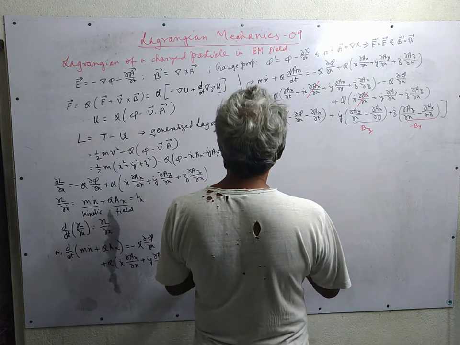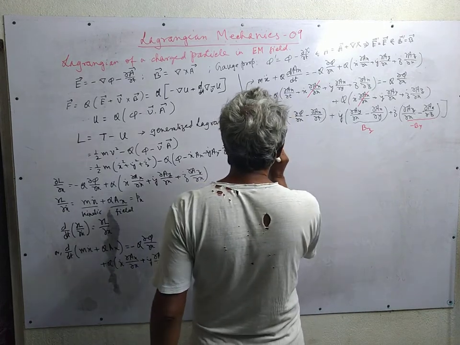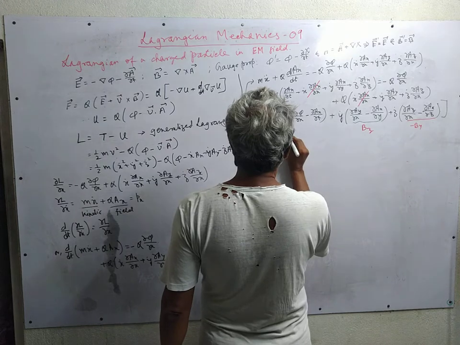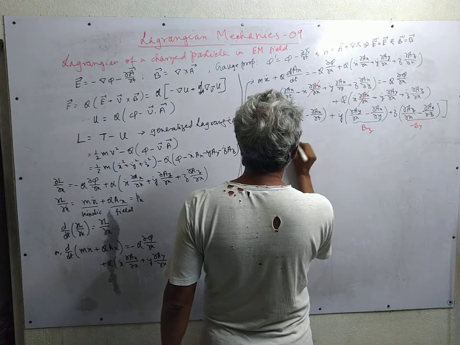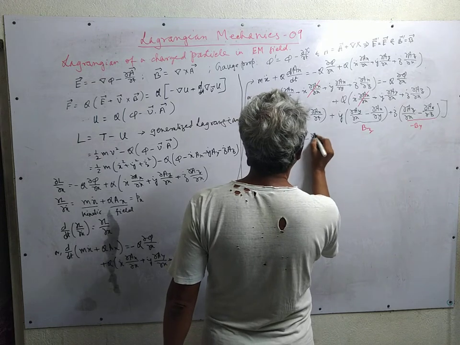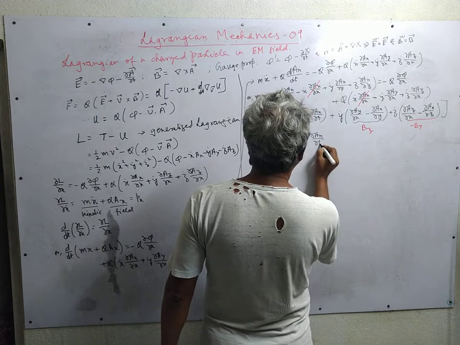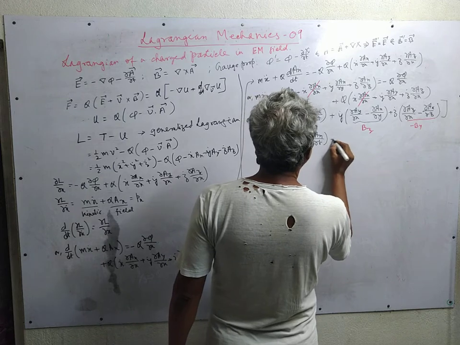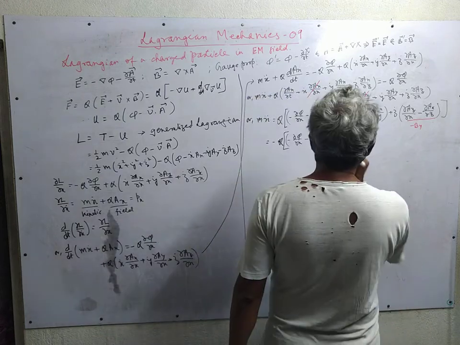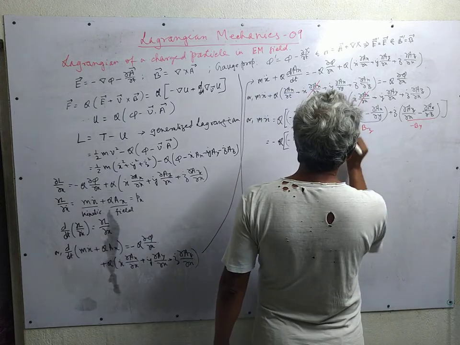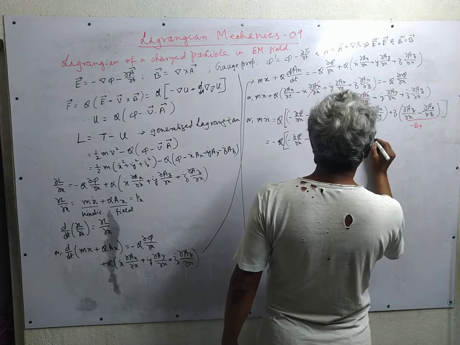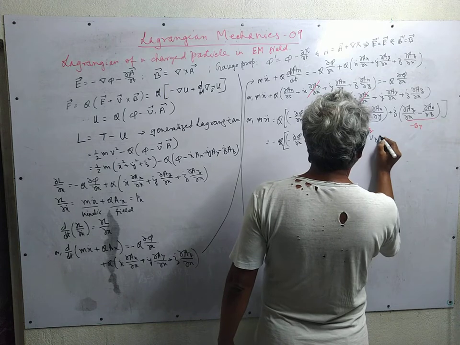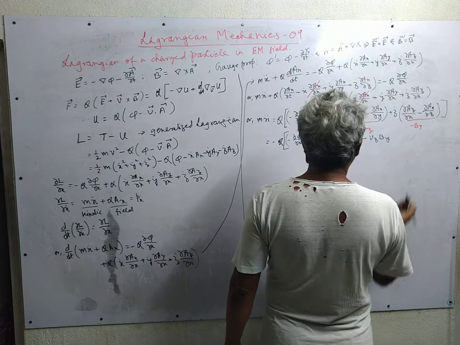So we write it as minus q times del phi del x minus del Ax del t, plus this is By Bz minus Bz By.